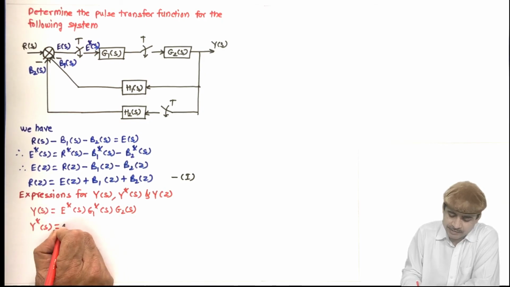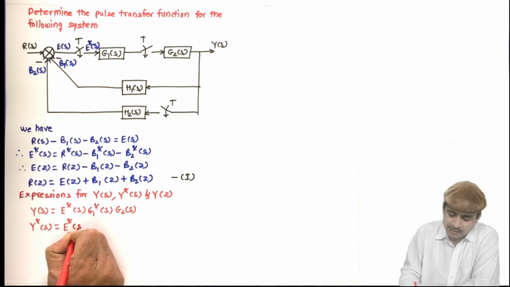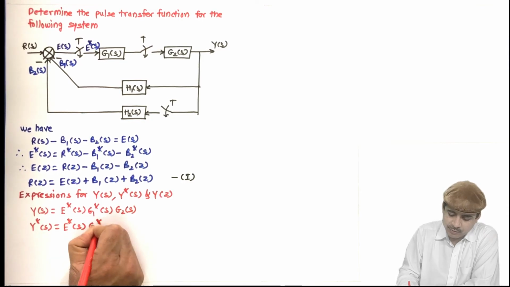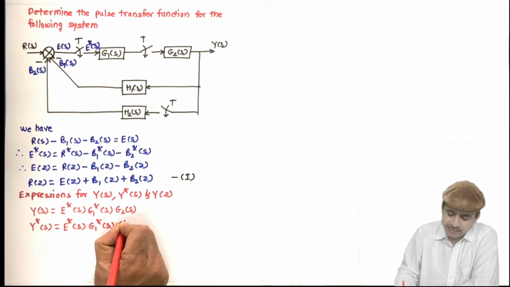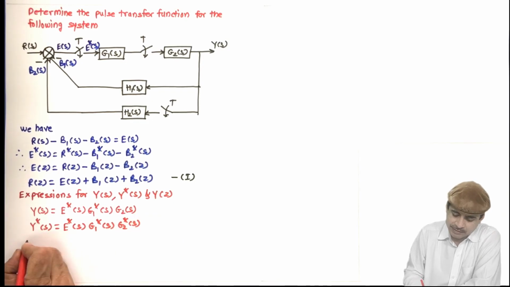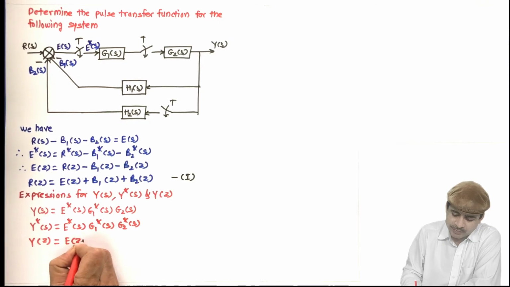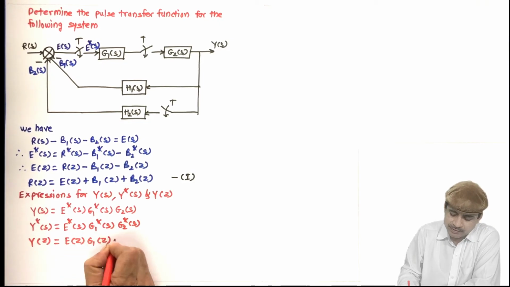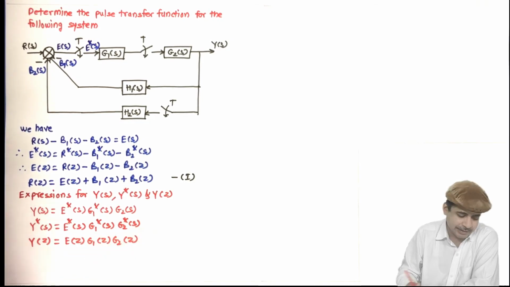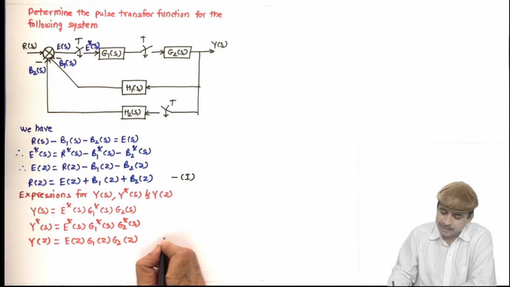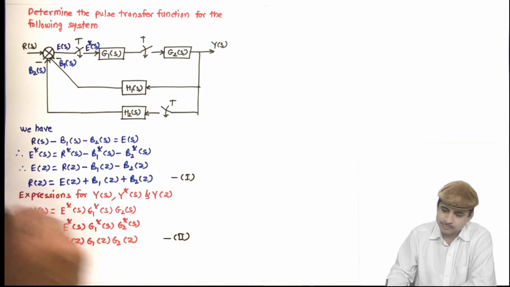So Y star S is E star S G1 star S G2 star S, and that gives me Y of Z is equal to E of Z G1 Z G2 Z. Now mark this as equation number 2.